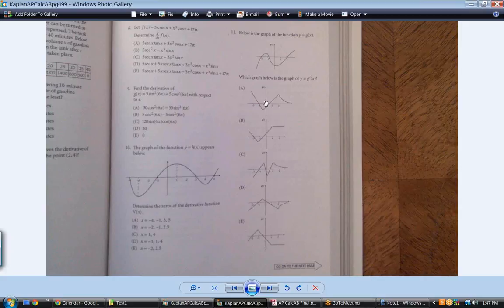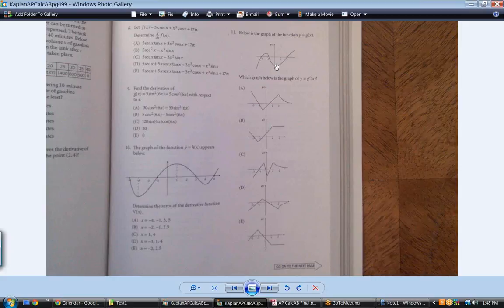So I can certainly eliminate A, but C looks like it's -1 point something, and D looks like it's -1 point something. And E does not. So it appears to be between C and D. And where's another 0?